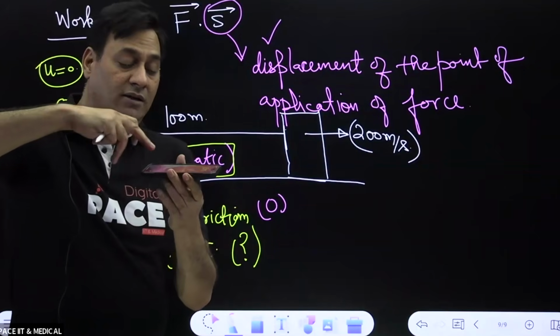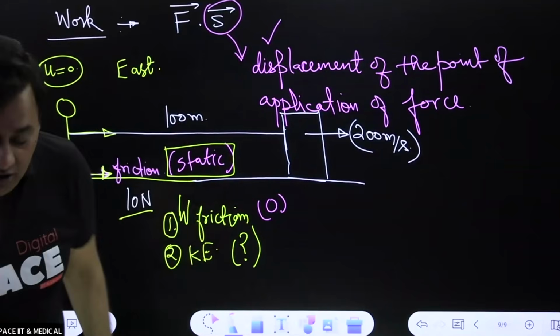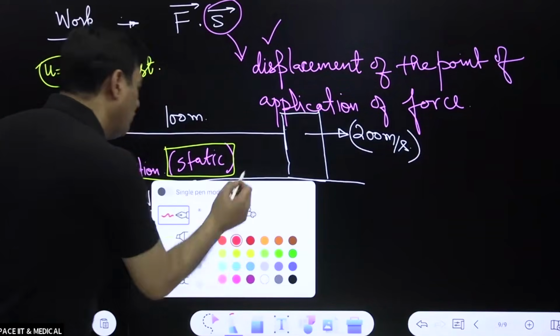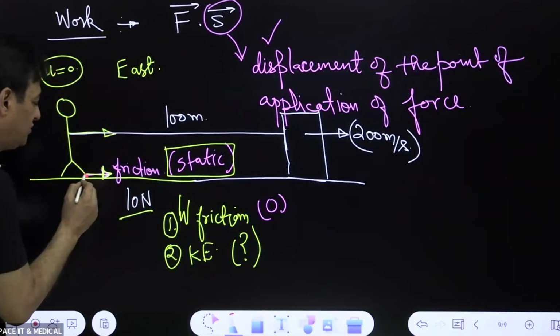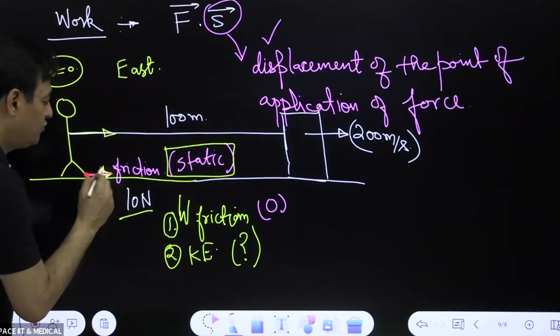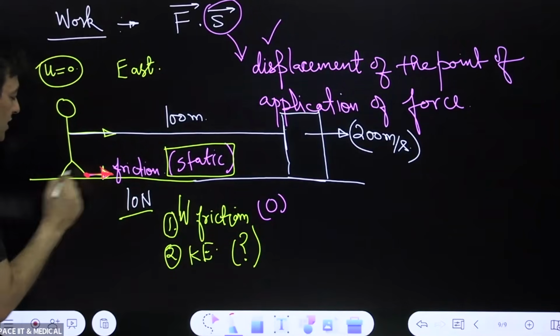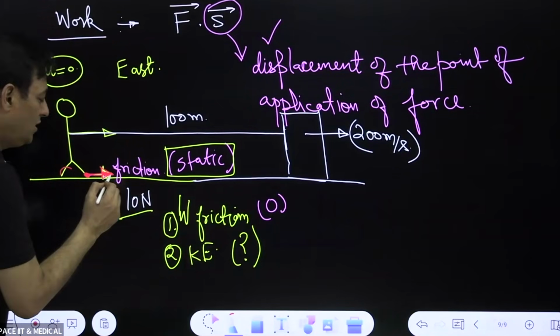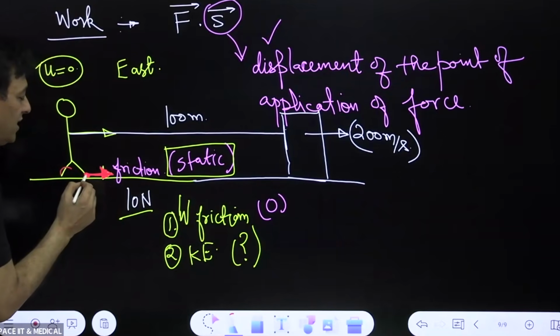Now, the foot that is touching the ground, friction force is acting on that foot. I'm going to mark it there. Suppose this foot is in touch with the ground, friction force is acting on it. This foot is in the air. So what is the displacement of this point where this friction is acting? Is there any slipping happening?